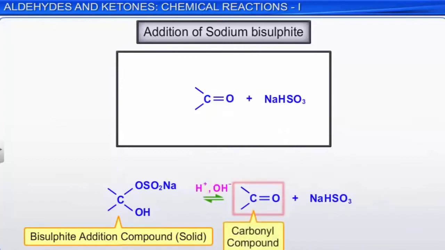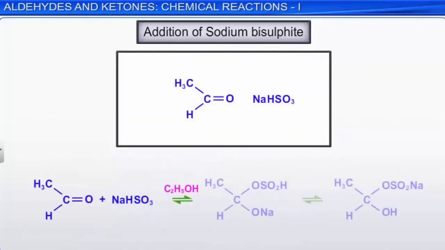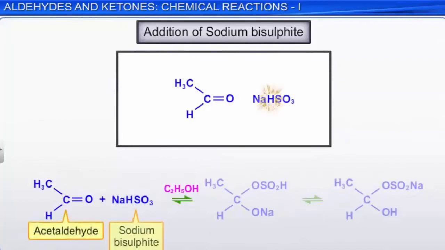Hence, this reaction is used for the purification and separation of carbonyl compounds. For example, acetaldehyde reacts with a saturated solution of sodium bisulfite to give a white crystalline precipitate of acetaldehyde sodium bisulfite.